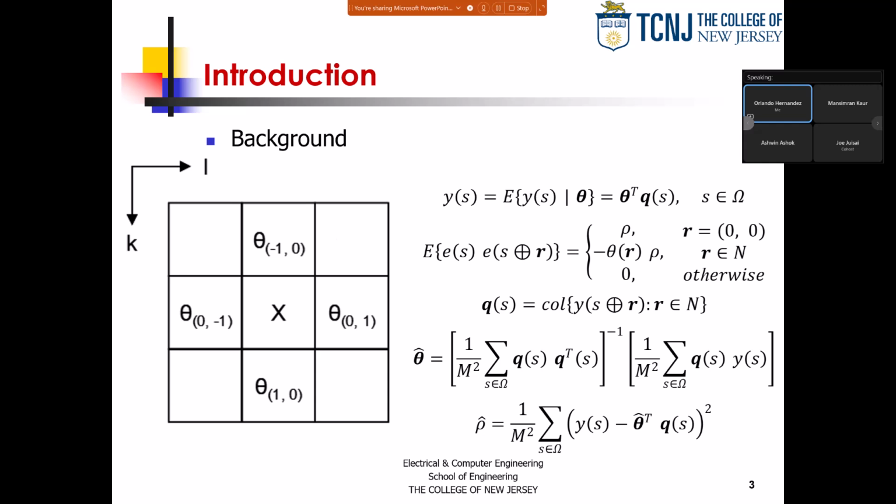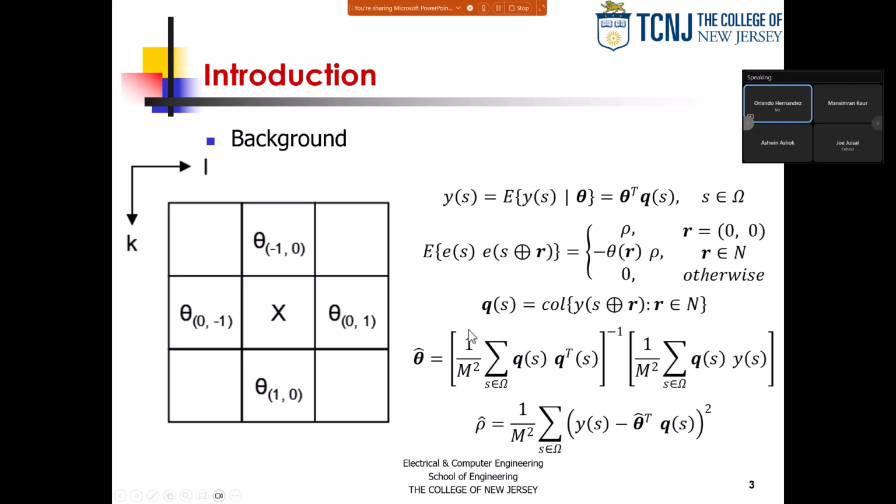The parameters that we are looking for, if these three equations describe the Markov random field formulation, are the estimation of the thetas and the estimation of the rho, and that makes our Markov random field parameters that can be used then to synthesize the pixel values in a texture. So this feature works well for texture capturing and representation.